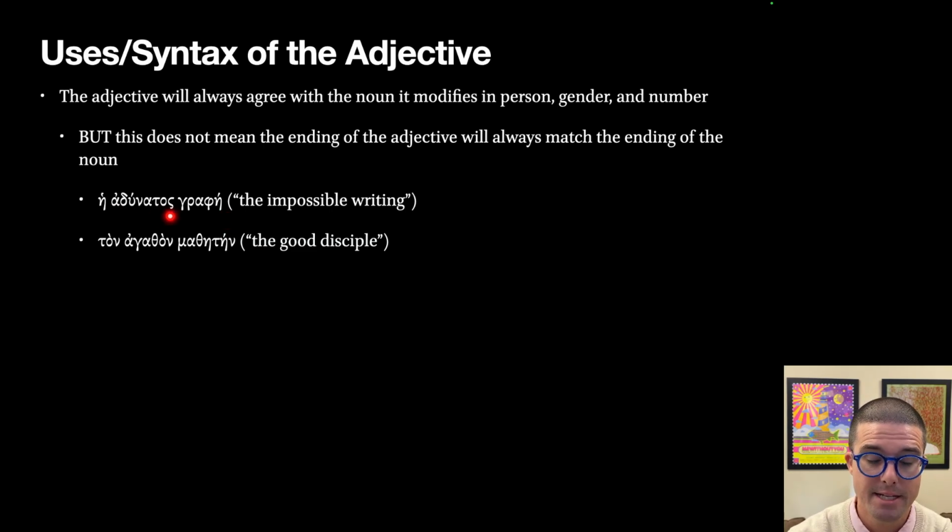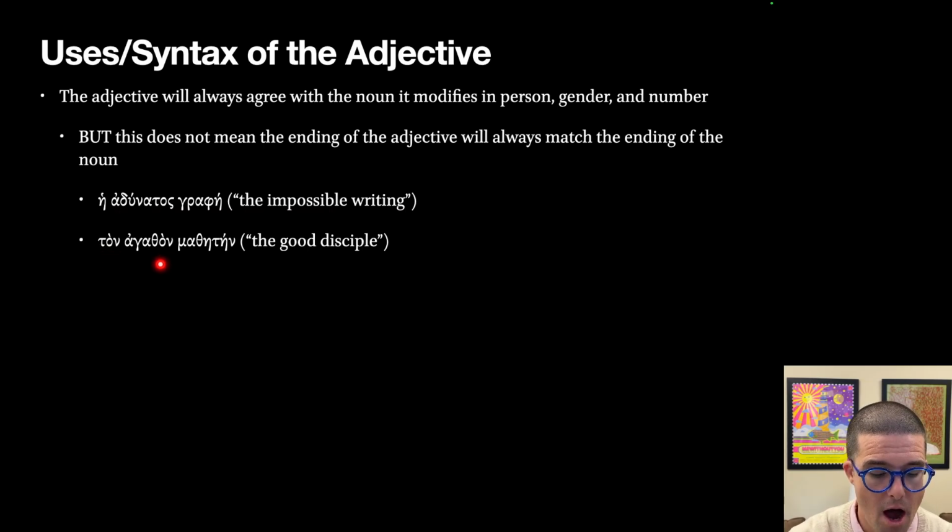But because the adjective that's modifying it here, adunatos, is a two-termination adjective, that is to say the masculine and the feminine forms are the second declension, there is no separate first declension termination for adunatos. This is feminine, even though it's a second declension. And the reason we know that it's feminine is, one, it's a two-termination adjective, but also from our very good friend, the definite article, which is in the feminine right here.